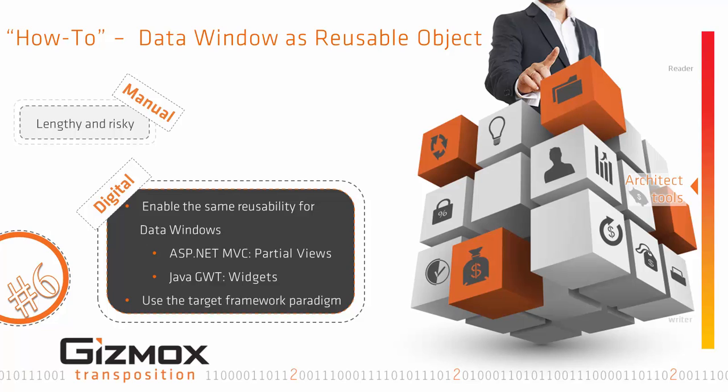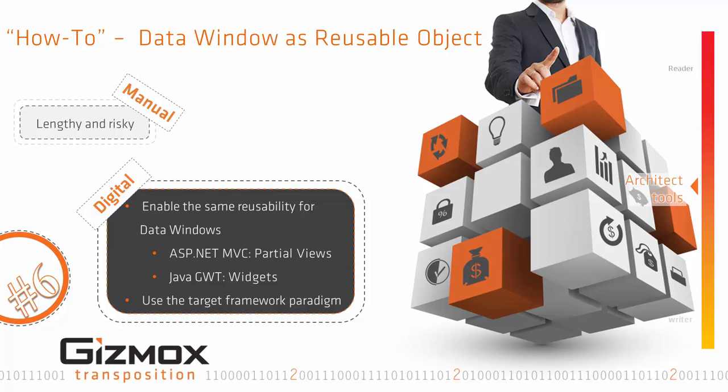So we don't migrate the data window as part of the target window or screen on the website. The data windows all become what is the standard reusable object in ASP.NET MVC, the partial view, and those can be incorporated in more than one window view.